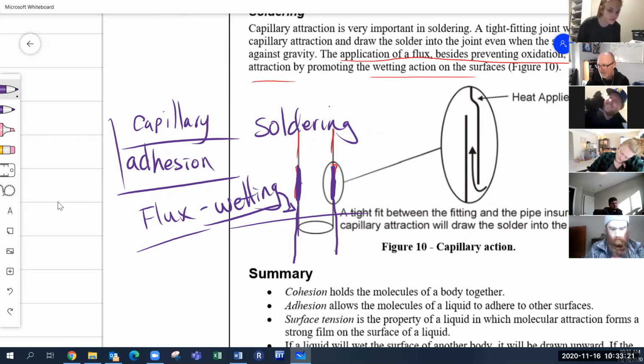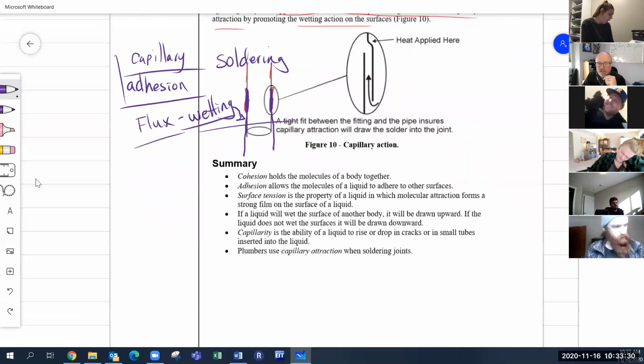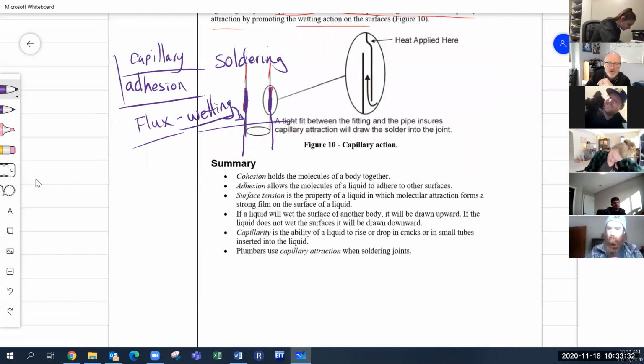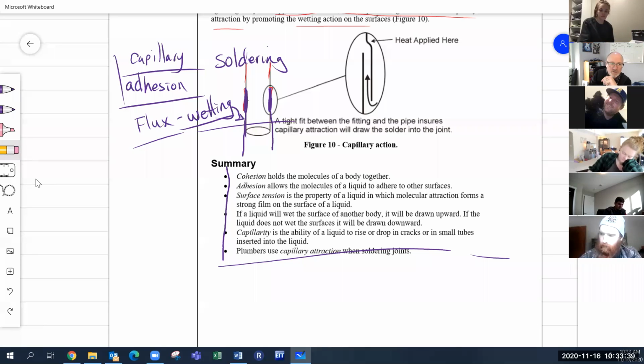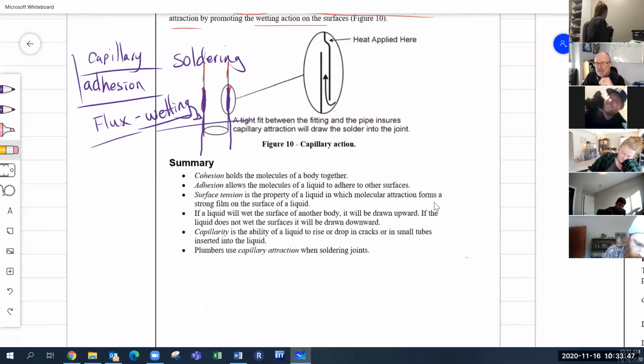It's something the solder will stick to. And then we have a little summary on here that you need to know. That's just talking about all of those things: cohesion, adhesion, surface tension, capillarity, and that.